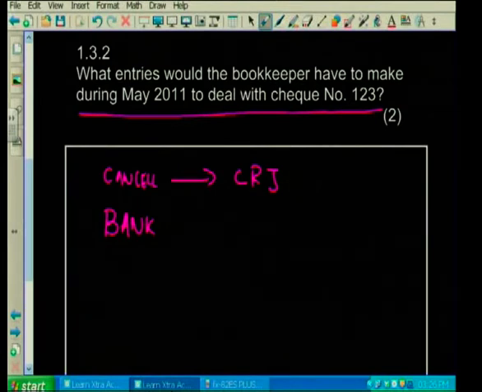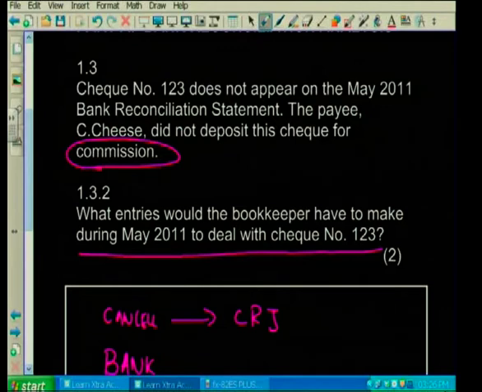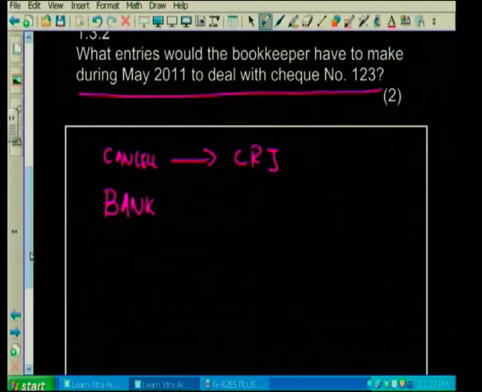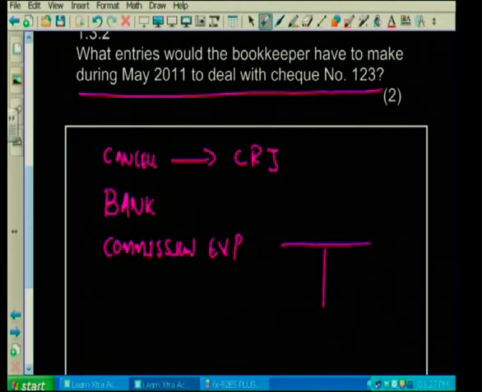Debit bank. Credit. What was this check for? Do you recall? This check was for commission. So therefore, you're going to credit an account called commission expense. Now understand, what are you doing? You're cancelling this transaction. And to further illustrate the point for you, watch.